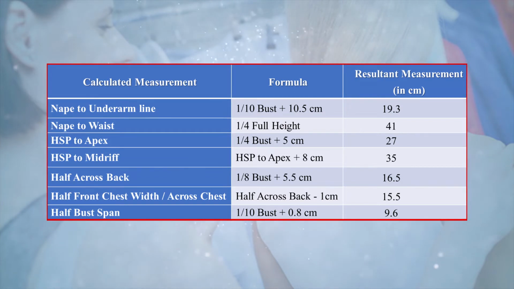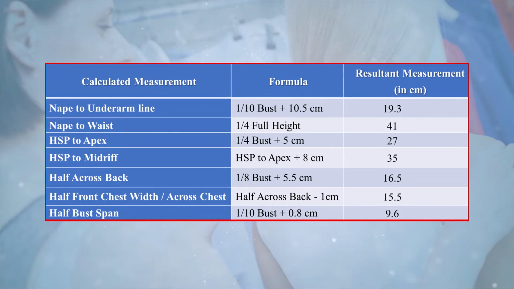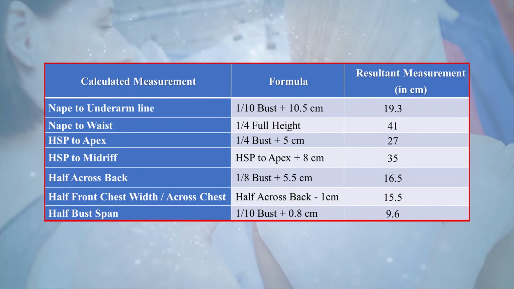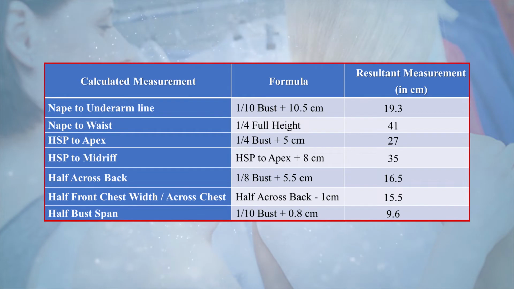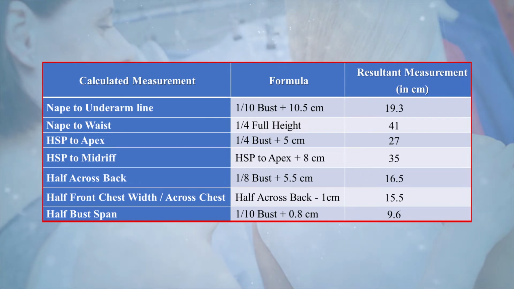You can see the full height we use is 164 centimeters. So for nape to waist we calculate 1/4 of the full height, which was 164.